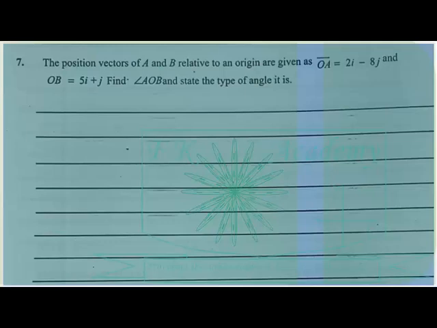So we have the origin here, then we have OB, something like this, and OA, something like this. So this is B, and this is A. Vector OA, vector OB. So we are finding the angle here, let's call it angle AOB.